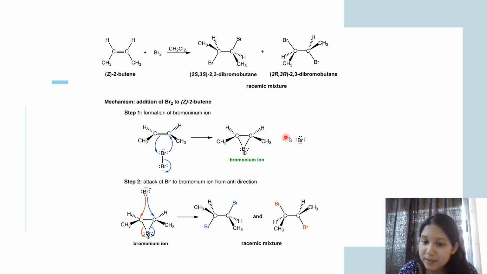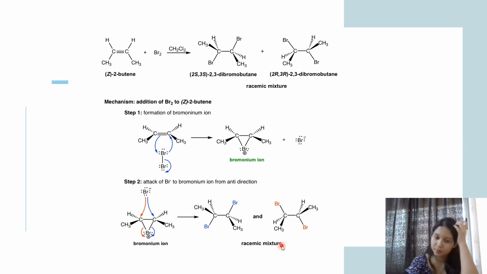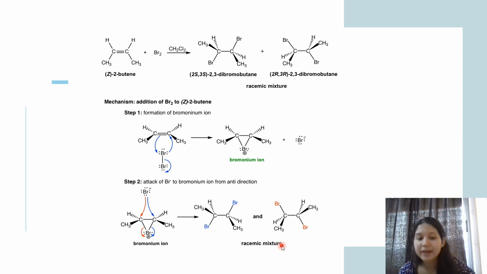What if this bromide attacks here? It will attack here. You will get bromine here, and the bromonium ion will open from this side. This time this bromine will go this side. Thus, you have these two different types of products possible by attacking the bromonium ion in two different positions.